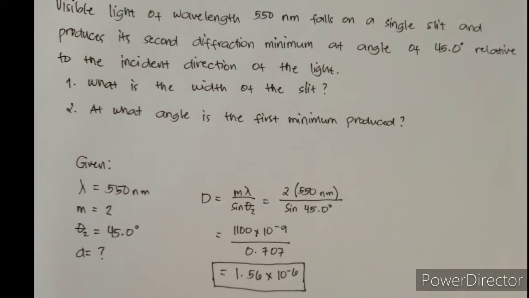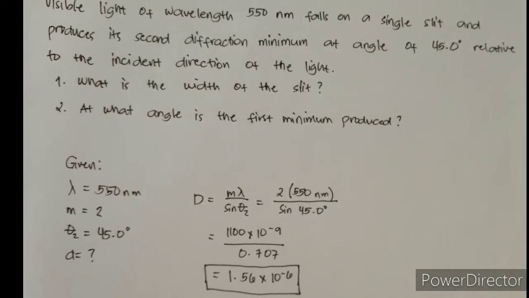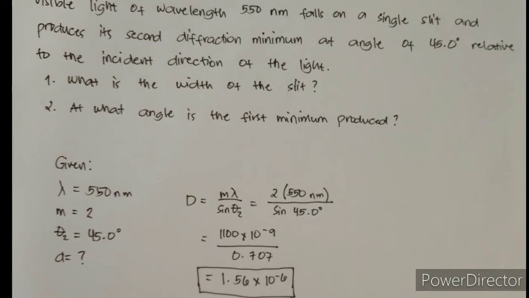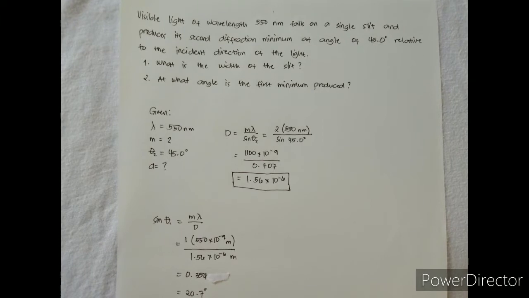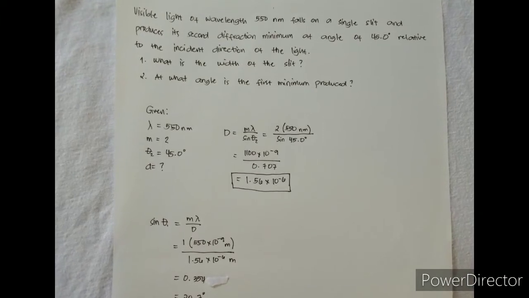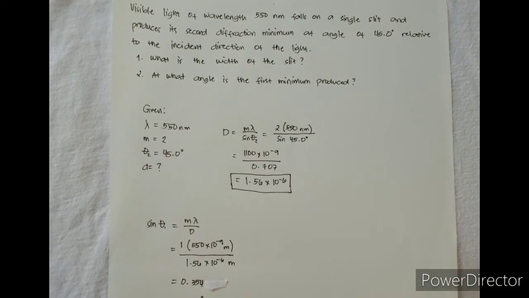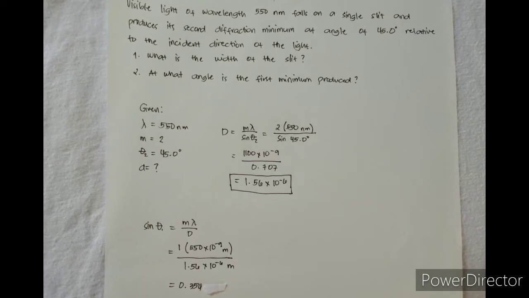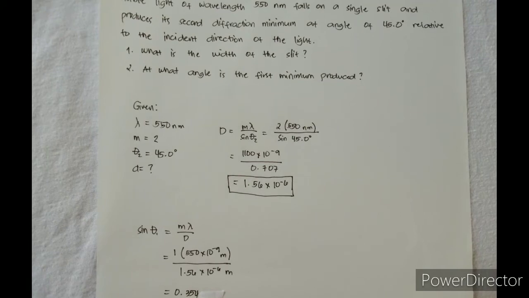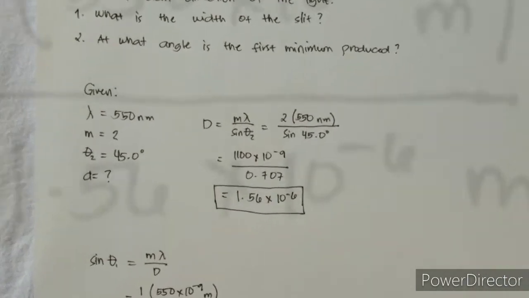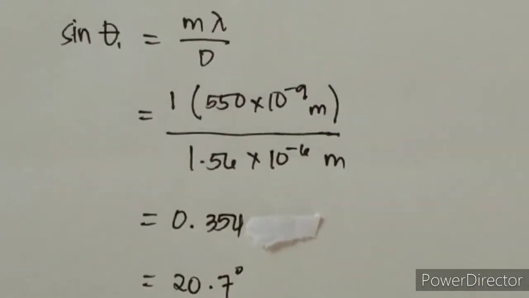After substituting the known values, here is the result for the distance, which is 1.56 times 10 raised to the power of negative 6. After getting the value of the distance, next we solve for the first minimum. Again, substitute the known values. Here is the result for the first minimum, which is 20.7 degrees.